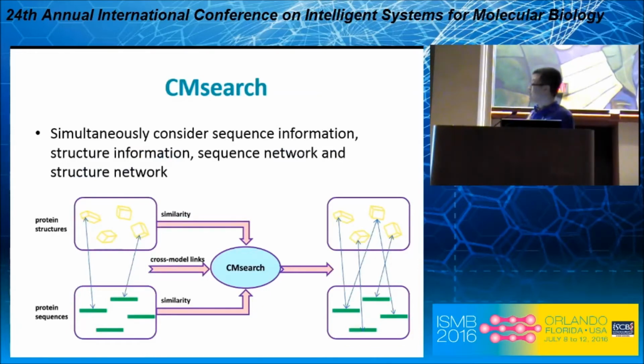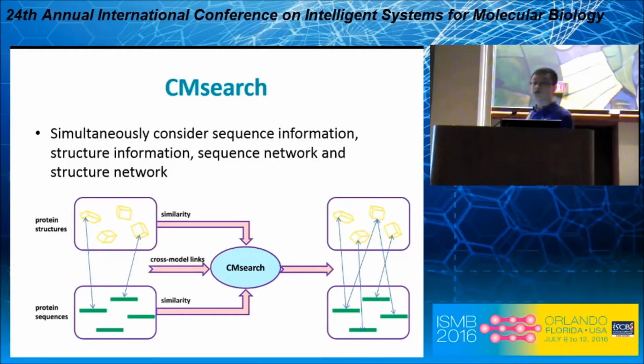So as I said, at the beginning, I have the sequence space and the structure space. And I have some initial incomplete one-to-one mapping between the two spaces. And that can be as simple as the same protein has a sequence representation and a small portion of them have a structure representation in the structure space. So it's an incomplete one-to-one mapping.